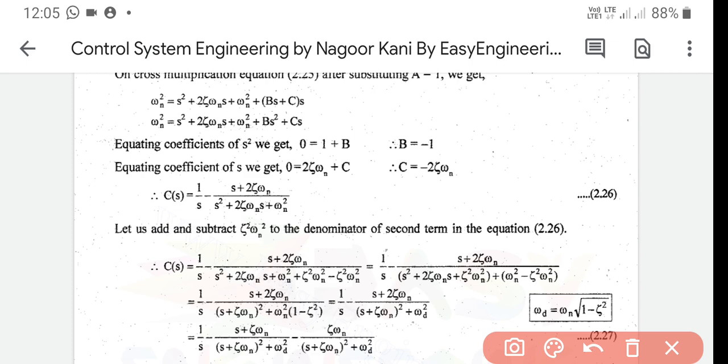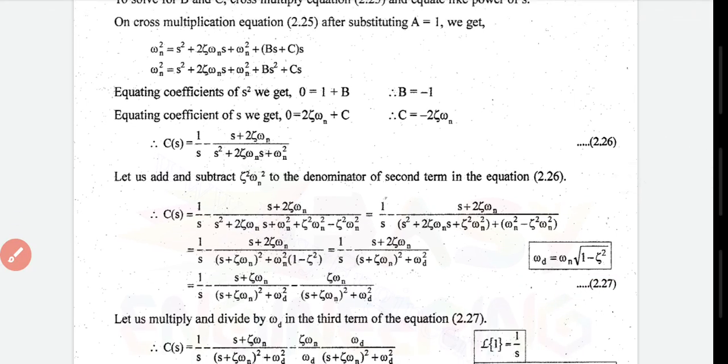See here, all of you remember this, the terms should be converted into the form of x plus y whole square. So for getting that, you are going to add and subtract zeta square omega n square. Now C of S is equal to S plus 2 zeta omega n by S square plus 2 zeta omega n S plus omega n square plus zeta square omega n square minus zeta square omega n square.